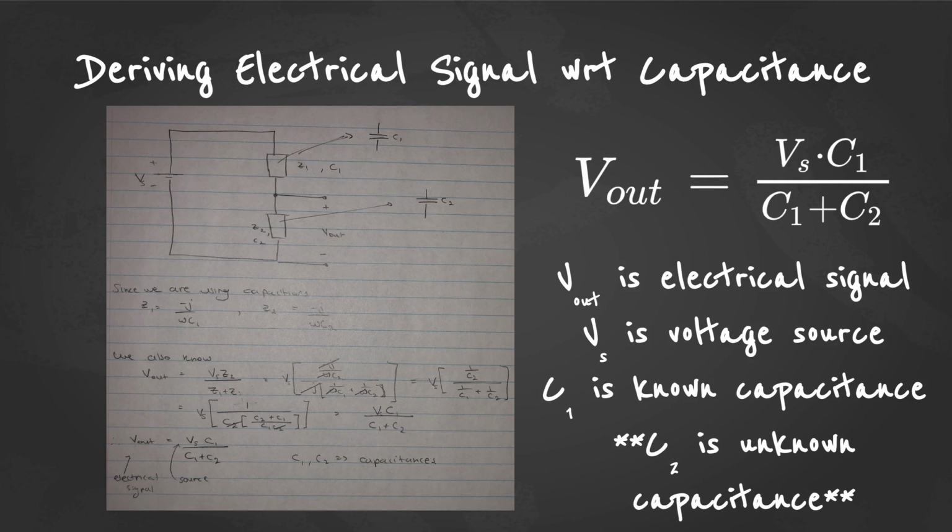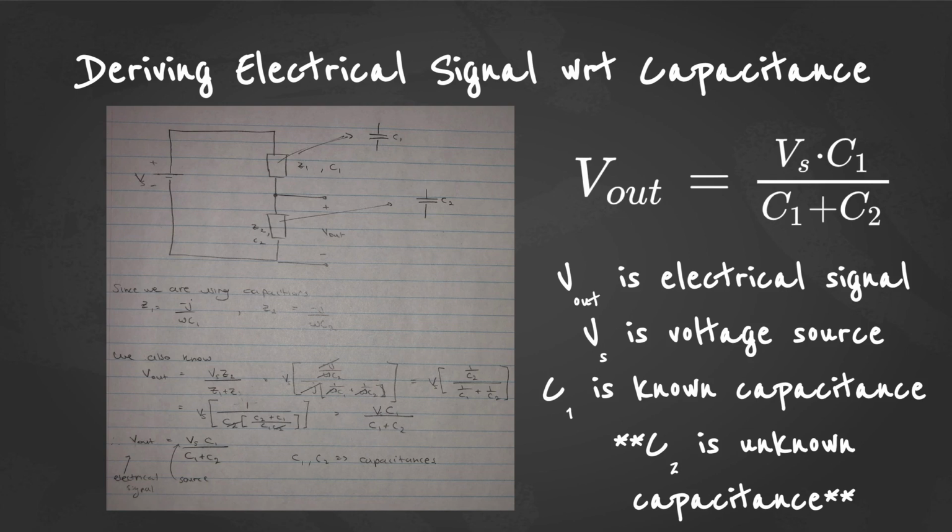Subbing in the known Z1 and Z2 values from above, we can rearrange and simplify our equation to give us that V out is equal to Vs times C1 over C1 plus C2, where V out is our electrical signal we are measuring, Vs is the source, and C1 and C2 are the capacitances given within the circuit.